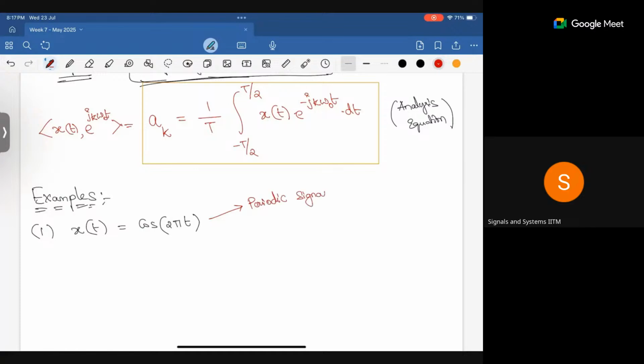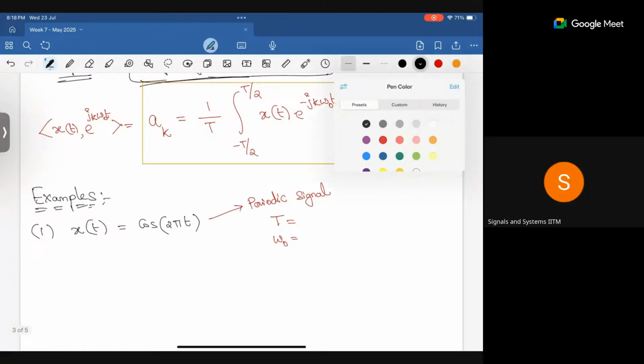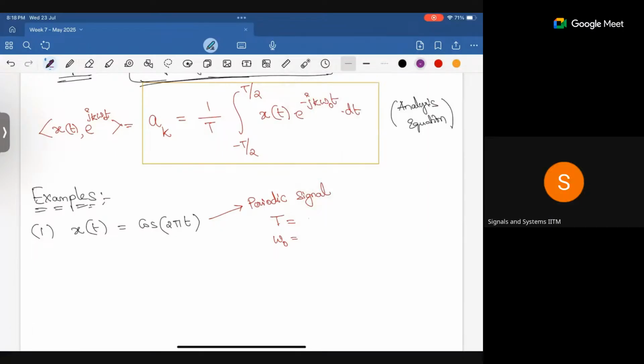Can anyone tell me the fundamental period T and omega naught? T is 1 and omega naught is equal to 2 pi. Correct. So T will be 1 and omega naught will be 2 pi by T, which is 2 pi.